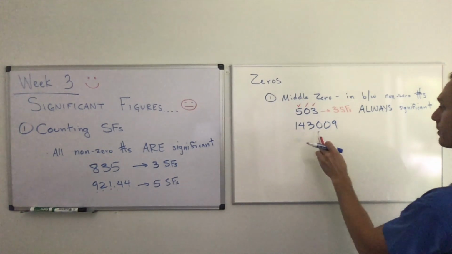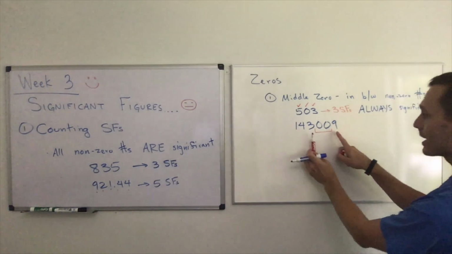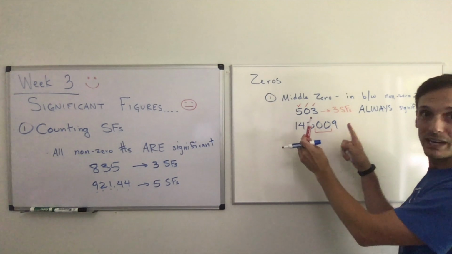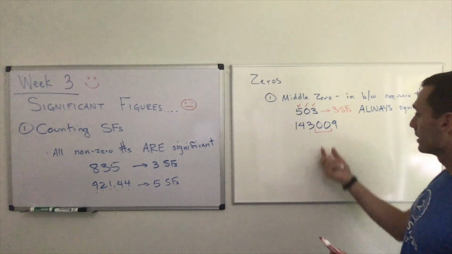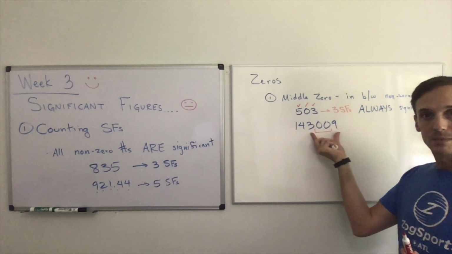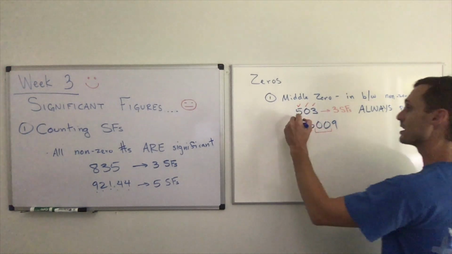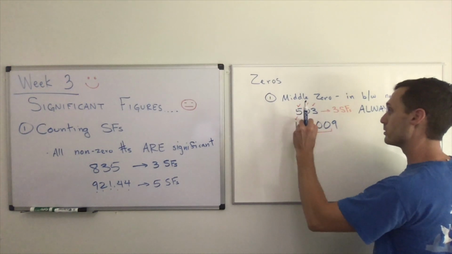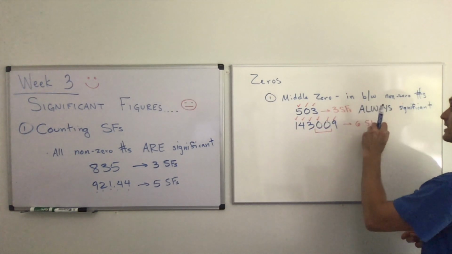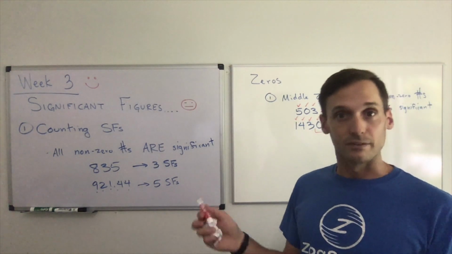Now, here we have two zeros back to back, but all we care about is that eventually they are bookended by two non-zero numbers. It doesn't matter that there's two in a row, it just matters that eventually they are capped by two non-zero numbers. Therefore, they're considered middle zeros, and we would have 1, 2, 3, 4, 5, 6 significant figures. Okay? So that's the first type of zero, if they're in the middle.